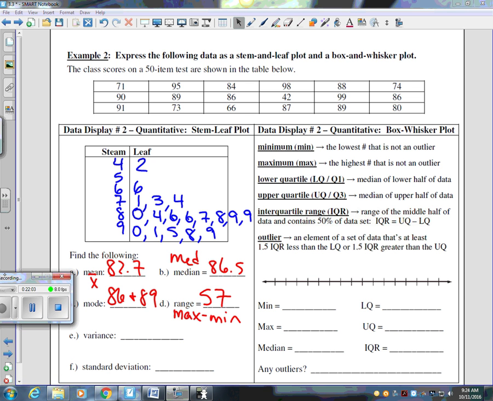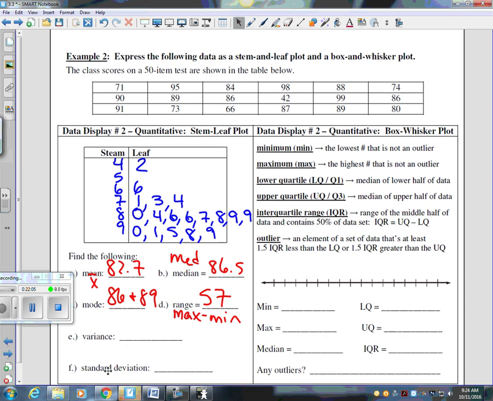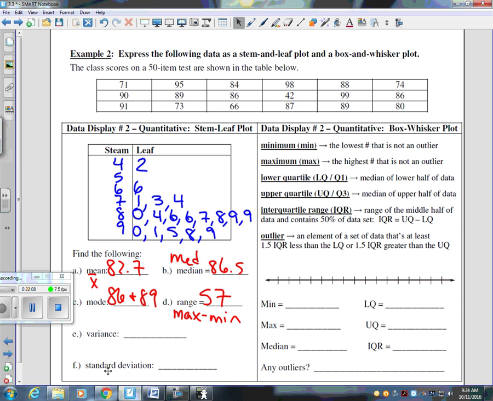Let's go ahead and skip down to the standard deviation. Autumn, what do you have for that one? So that's that symbol, 13.3. And Haley J., do you remember how to get the variance? You square it.